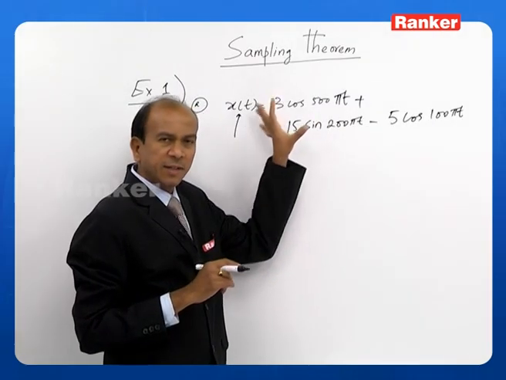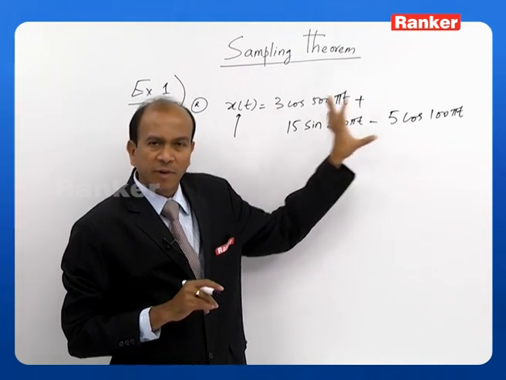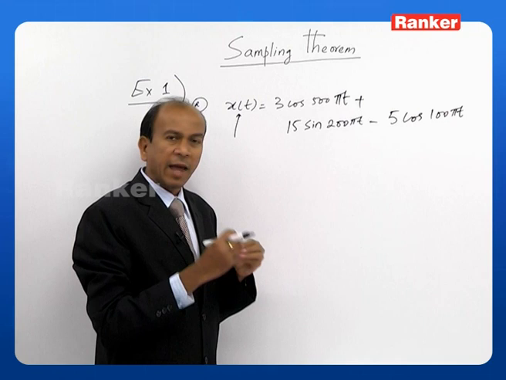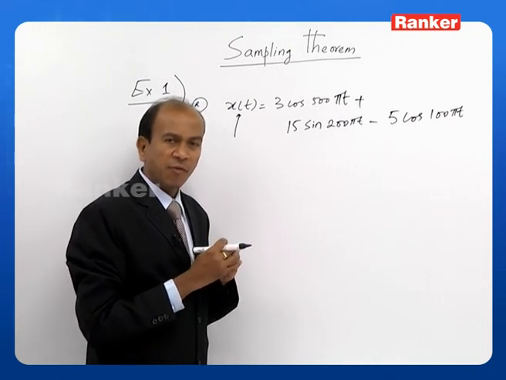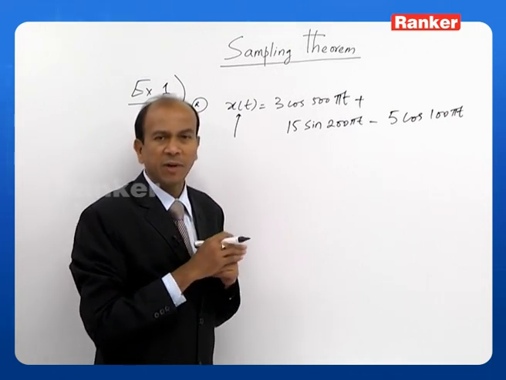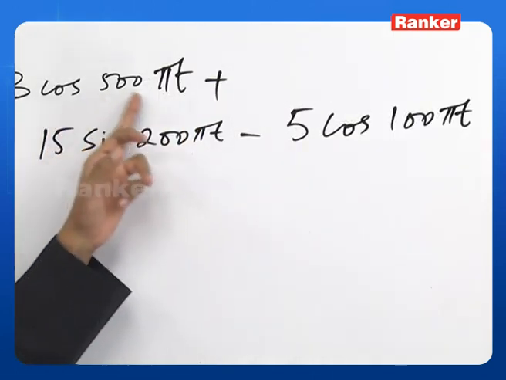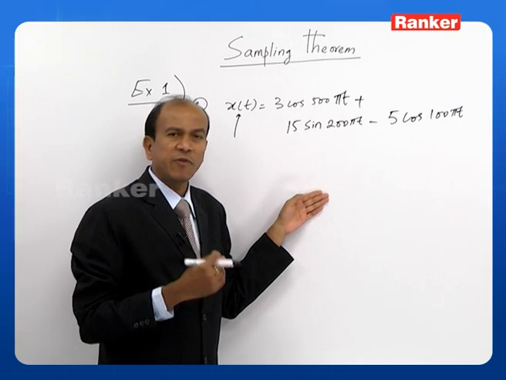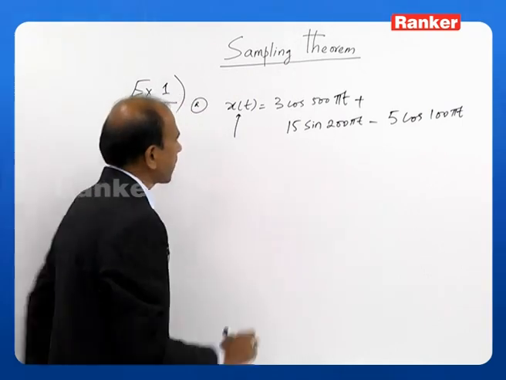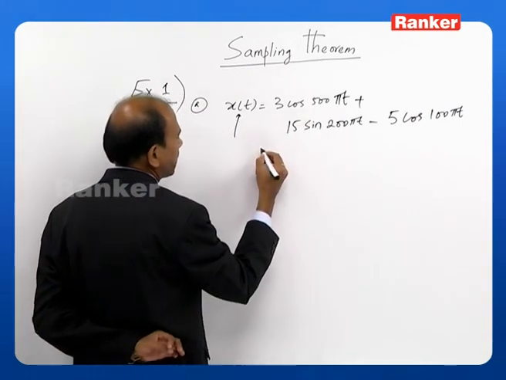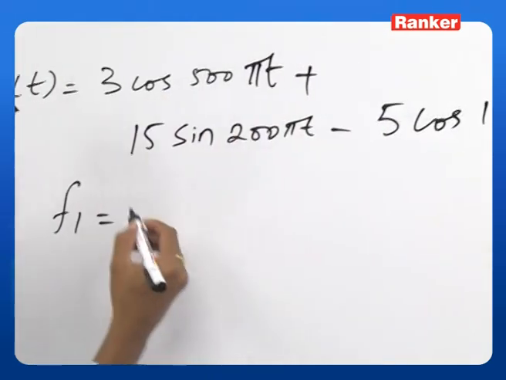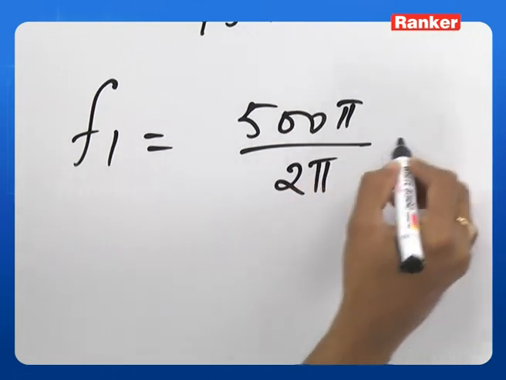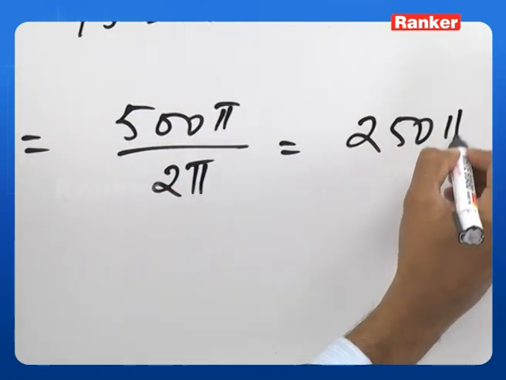As you see here, this signal consists of 3 different signals having 3 different frequencies. To calculate the Nyquist rate or the Nyquist interval, first of all we should know the maximum frequency of the given signal. Because there are 3 components here, let us calculate the 3 different frequencies and identify the highest. f1 is equal to 500 pi by 2 pi, so this is equal to 250 hertz.